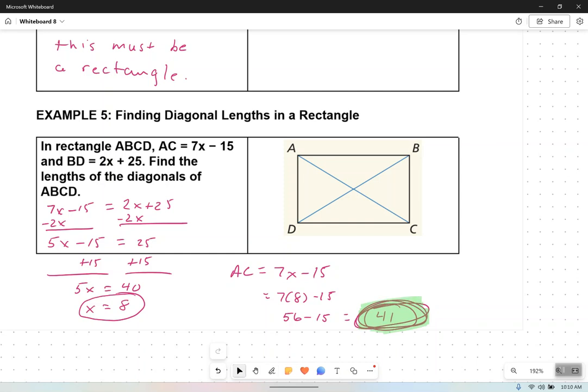And just to check the other one, what would 9 times 2 make? Oh, I'm sorry, 8 times 2. I said 9 times 2, didn't I? Yeah, 8 times 2 would be 16 plus 25. That would also be what? 41. So x being 8 makes them a rectangle. Those two diagonals are 41 units long.